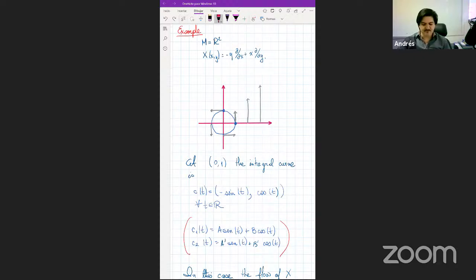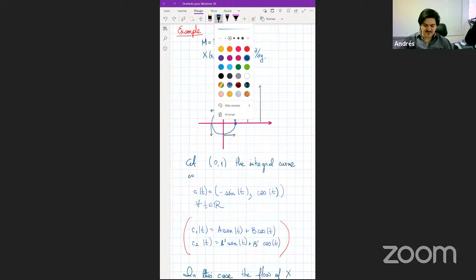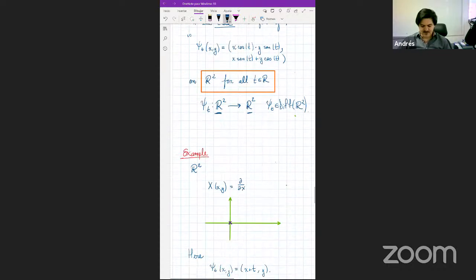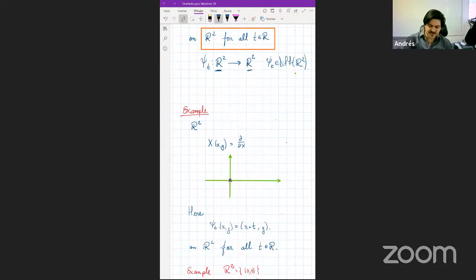Going back to this example, we saw the integral curves. Remember also that here we have an integral curve, which is a point. The vector field vanishes there. Here, the integral curves are parallel lines, parallel to the x-axis.